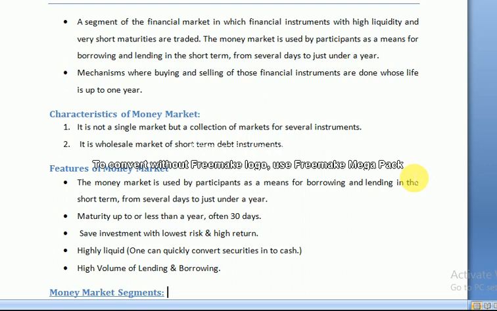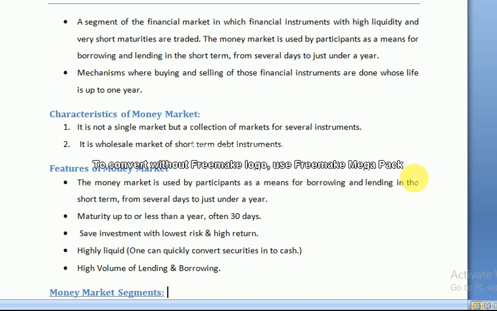Money markets, by providing profitable investment opportunities for short-term surplus funds, help to enhance the profits of financial institutions as well as individuals. These also come in the functions, or we can say the features, of the money markets.